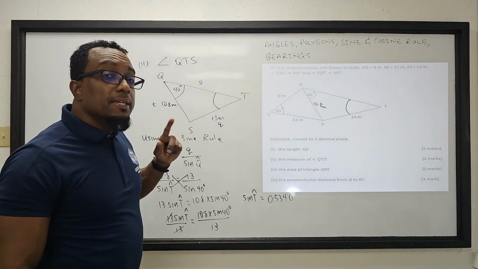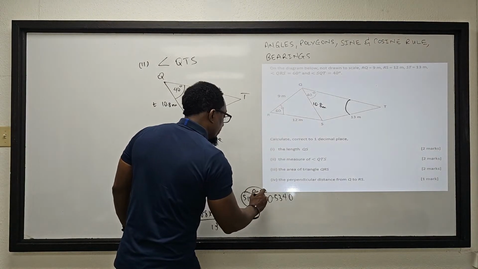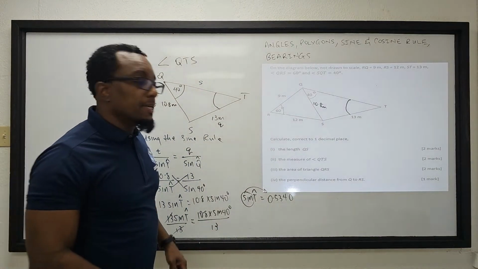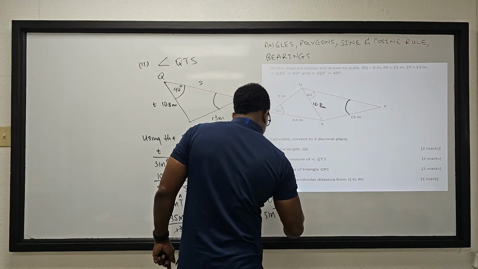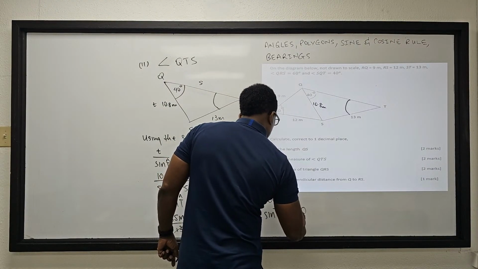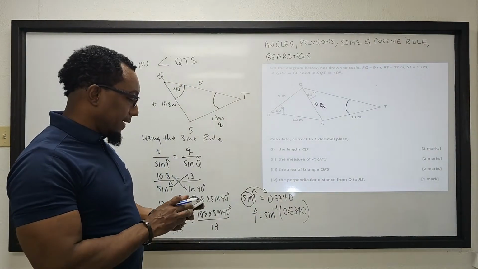And therefore to get T by itself, you have to remove sine, right? So now to remove that sine, we use what? Sine inverse. 0.5340, let's find sine inverse of that. Let's see what we're going to get.